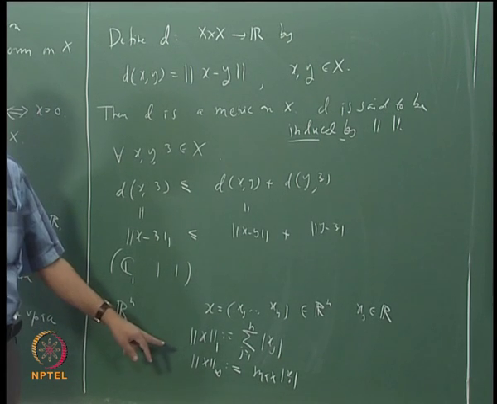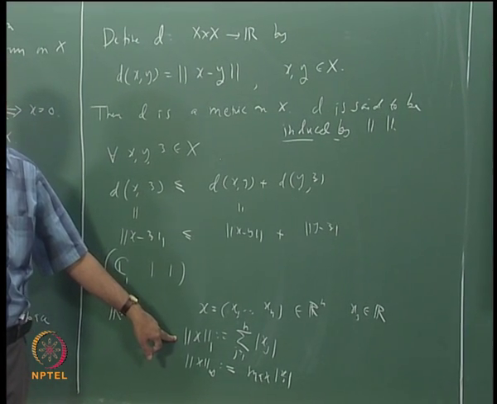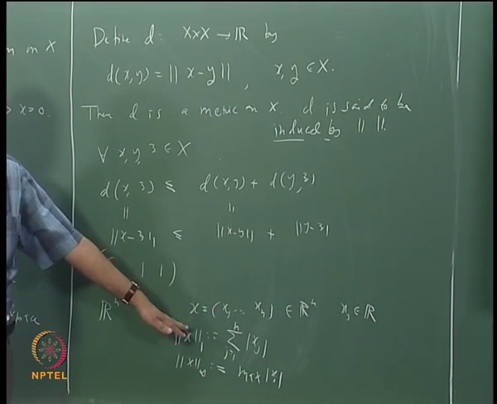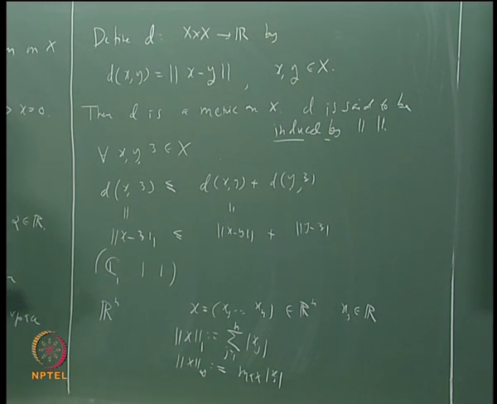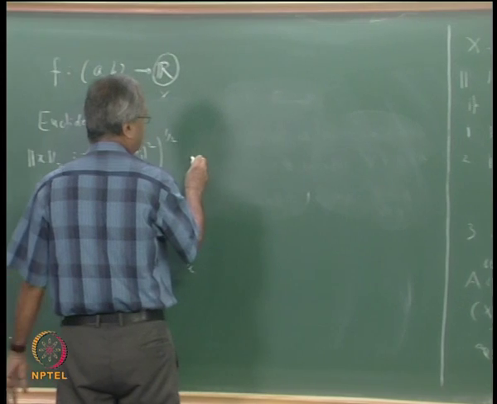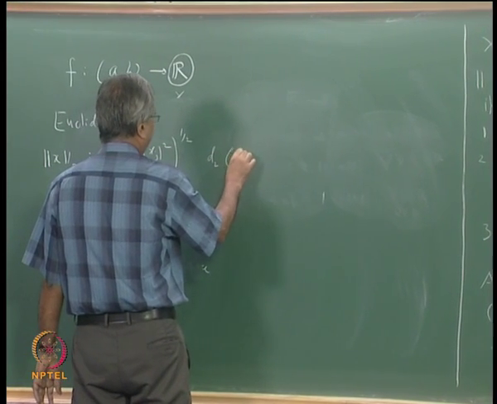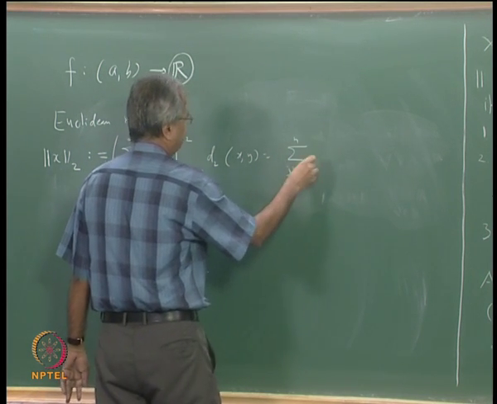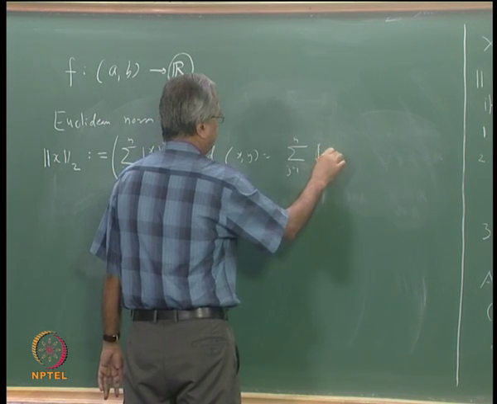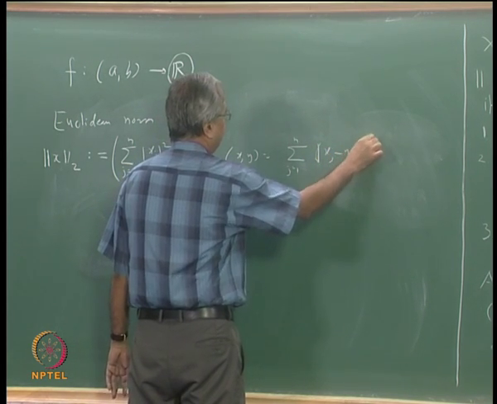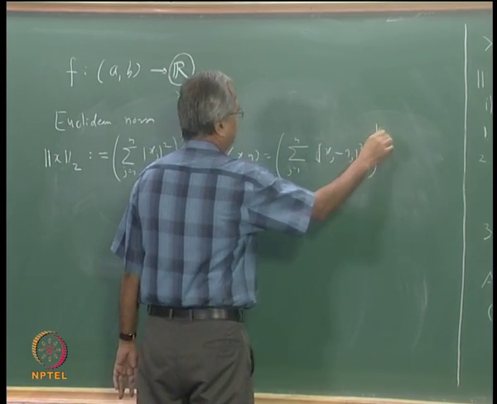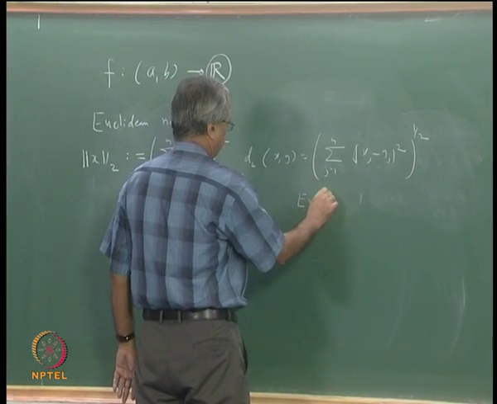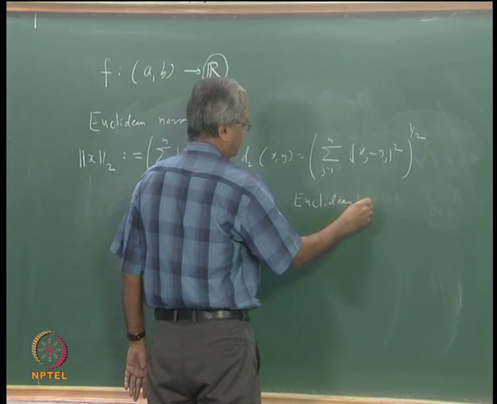So suppose the corresponding metric I call d1, then d1(x,y) will be sigma j going from 1 to n of mod xj minus yj. Similarly d suffix infinity, and d suffix 2 of x,y will be sigma j going from 1 to n of mod xj minus yj whole square, and then this raised to 1 by 2. And this is what is called the Euclidean distance, or Euclidean metric.